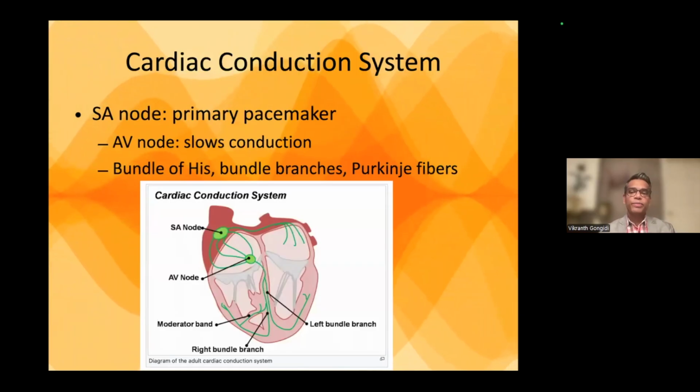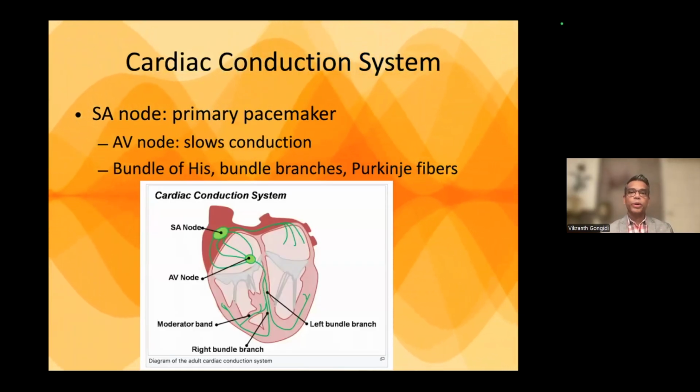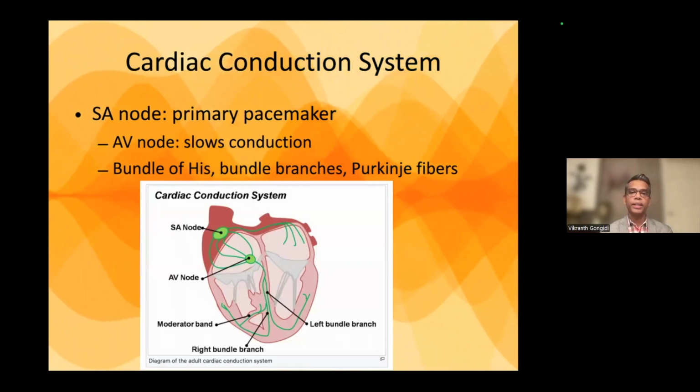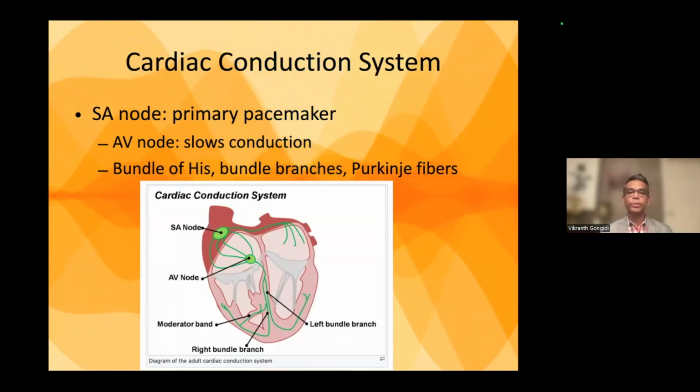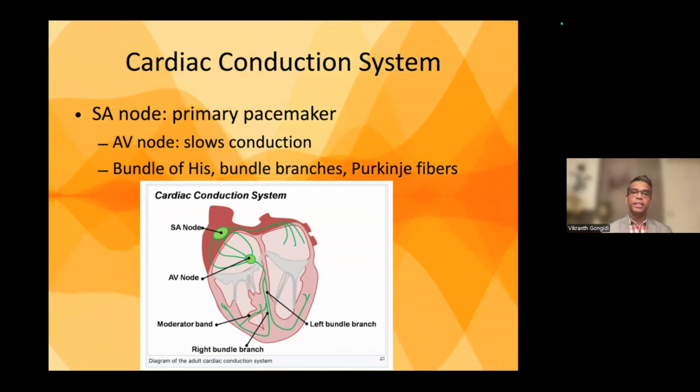I'm going to start off with a little bit of background, just so people understand what the intrinsic physiology is, and this kind of helps figure out why the electricity works the way it does. So it's always helpful to understand that the SA node is our intrinsic pacemaker. That's what I always tell my patients.